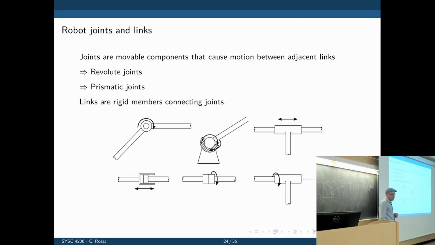The other type of joint, the one we saw in the beginning of the lecture with that Da Vinci robot, is the prismatic joint. It's simply a joint that expands or contracts, moving linearly with respect to the joint it is attached to. This is the most common one.